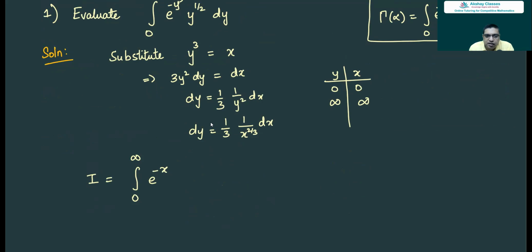Now y is x to the power 1 by 3, so y to the power half is x to the power 1 by 3 raised to the power half, which is x to the power 1 by 6. Into dy, which is 1 by 3 into x to the power minus 2 by 3 dx.